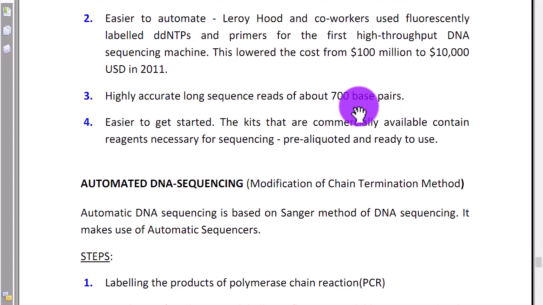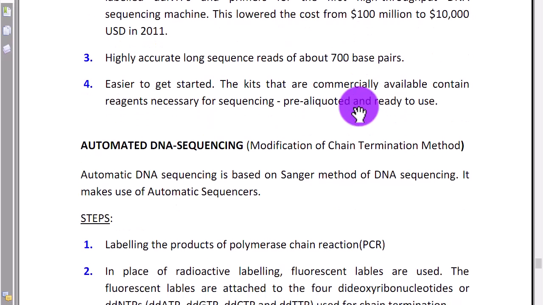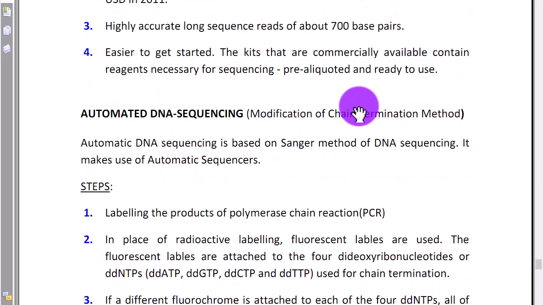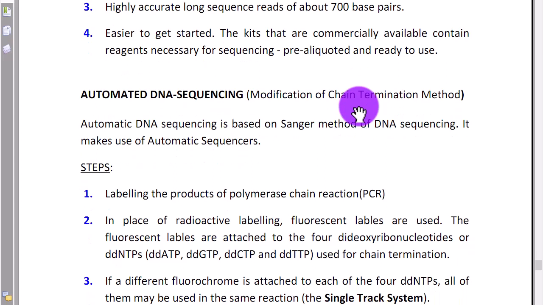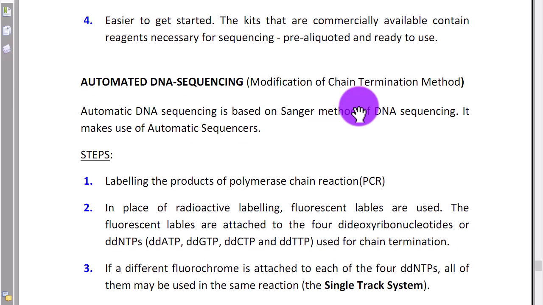This lowered the cost from 100 million to 10,000 USD in 2011. It gives highly accurate, long sequencing reads of about 700 base pairs. It is easier to get started. The kits that are commercially available contain the reagents necessary for sequencing, pre-allocated and ready to use.